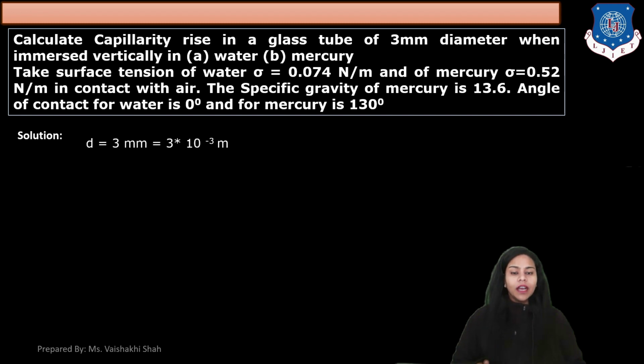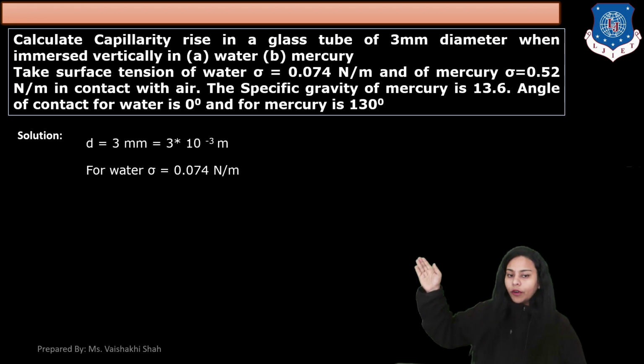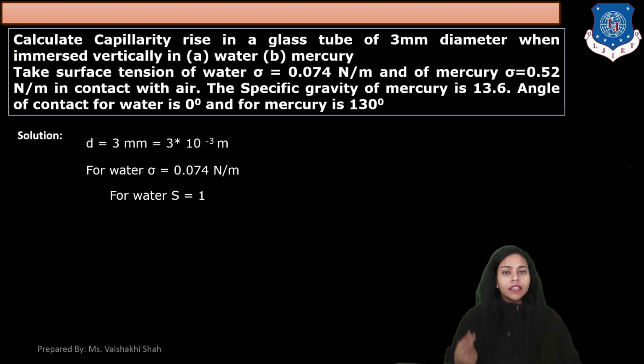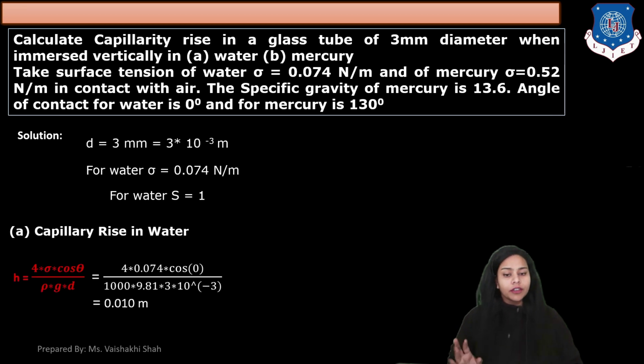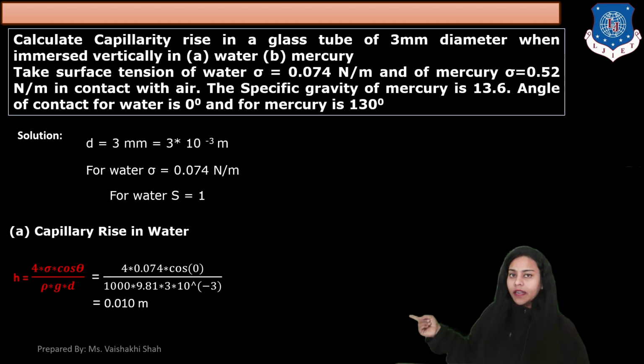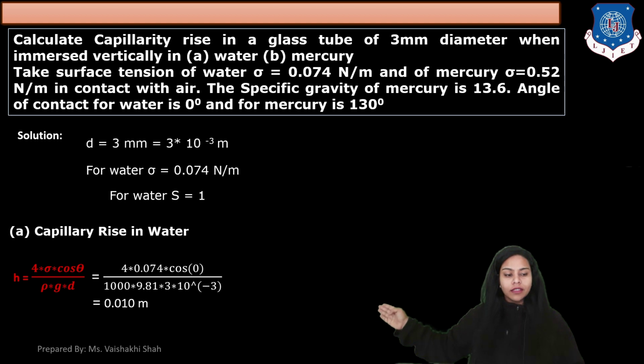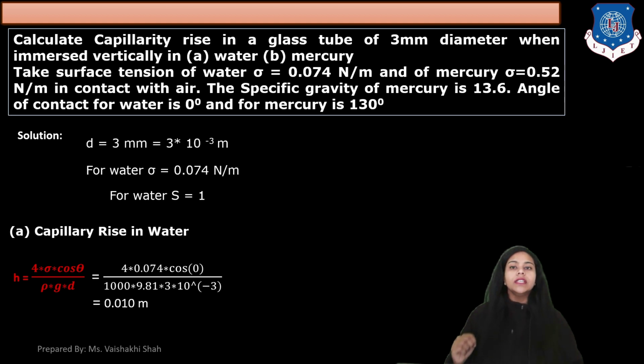So now here diameter of glass tube is 3 mm, so 3 into 10 raised to minus 3 meter. For water, sigma equals 0.074 Newton per meter, and for water specific gravity is 1. Now we have to find out capillary rise in water. So the equation for capillary rise, h equals 4 sigma cos theta by rho g d.